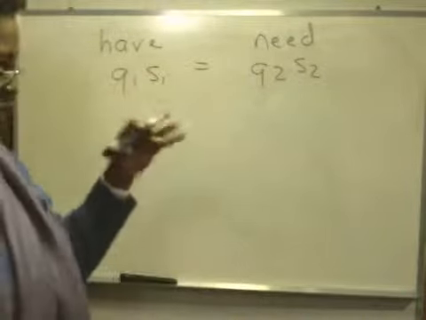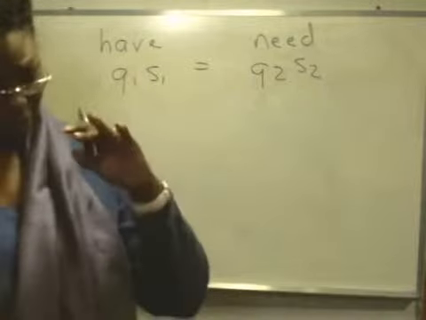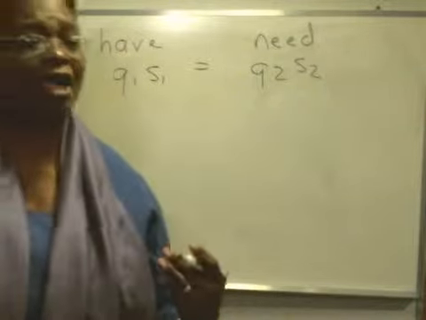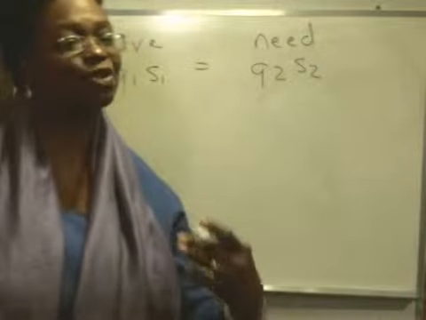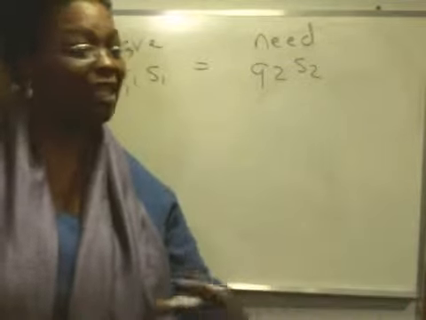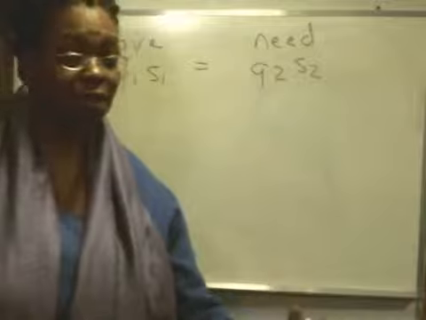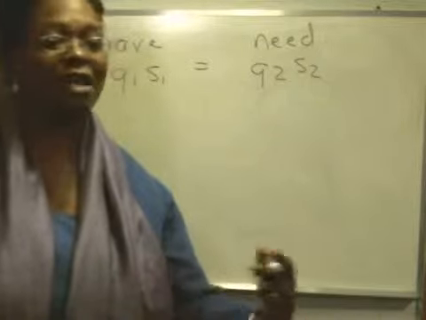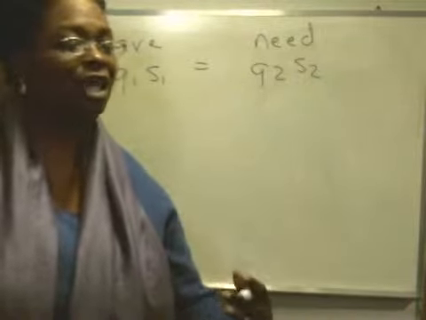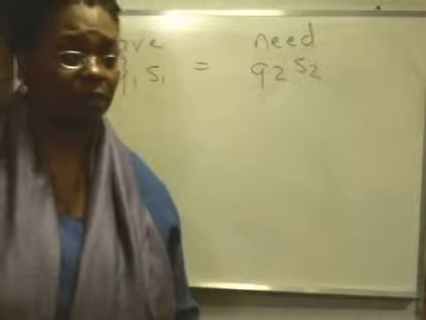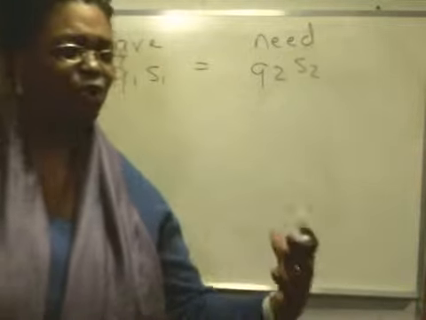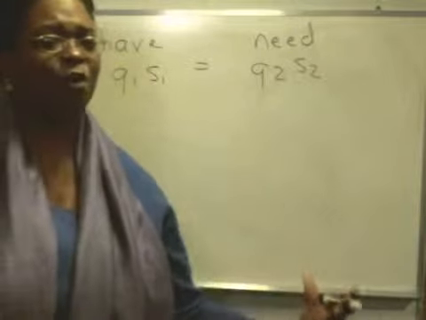Now, in this quantity times strength equation, it is implied that you're going to be diluting with something. The something that you dilute with doesn't do anything else but dilute. It is a benign substance. A lot of times, if it is an aqueous liquid solution, it's going to be water.